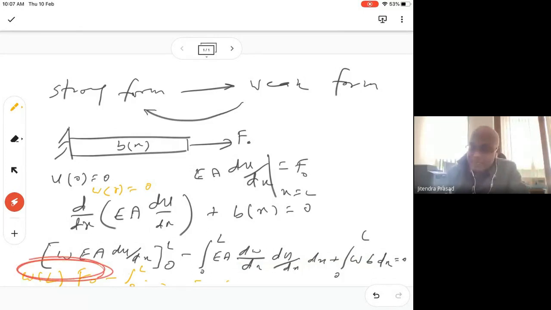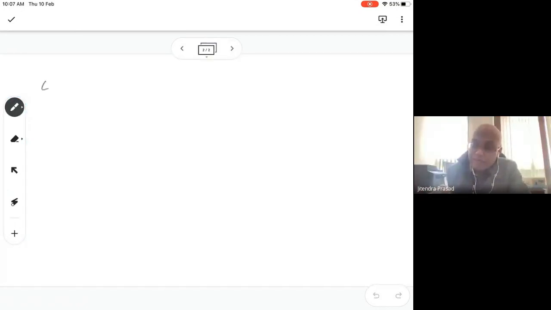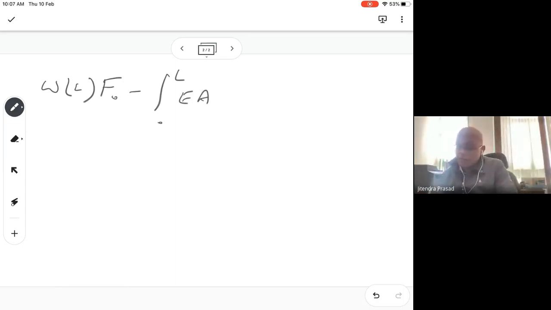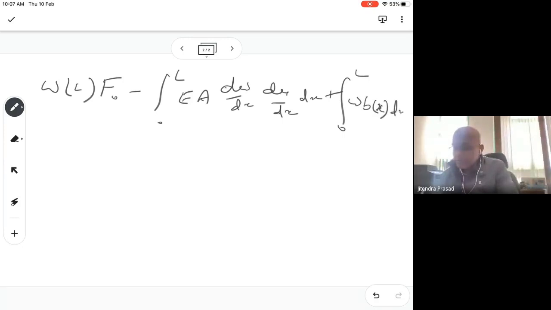So the final weak form will be, in this case, WL times f naught, minus the integral from 0 to L of EA dw over dx du over dx, plus the integral from 0 to L of w b dx, equal to 0, right?